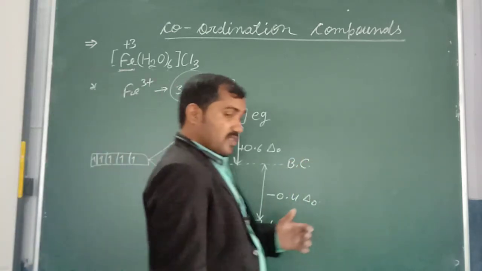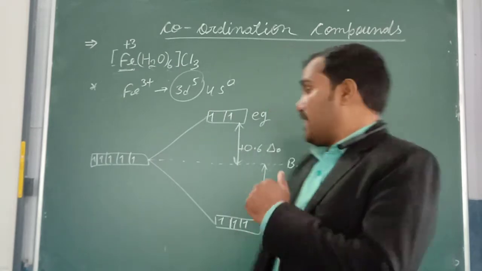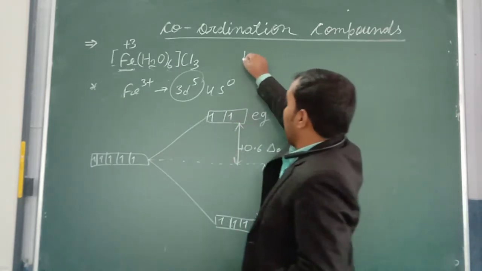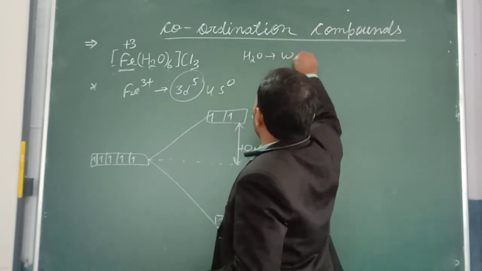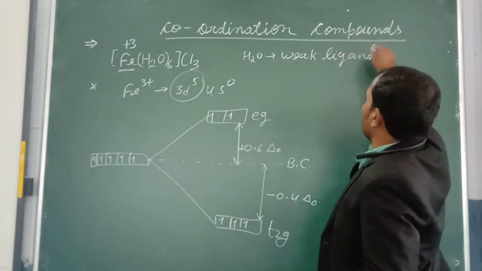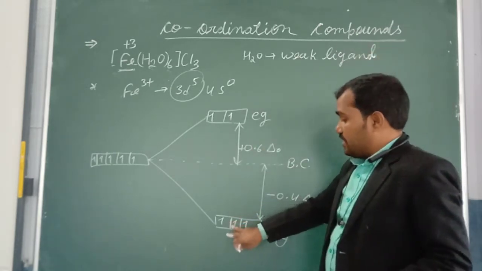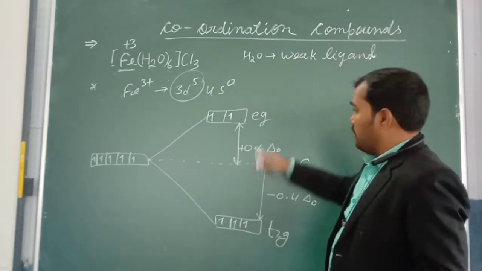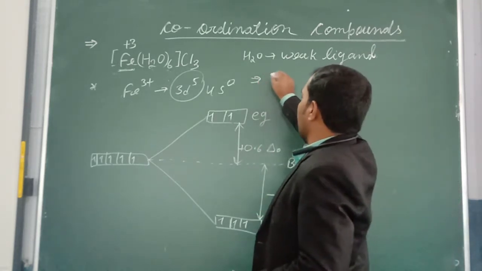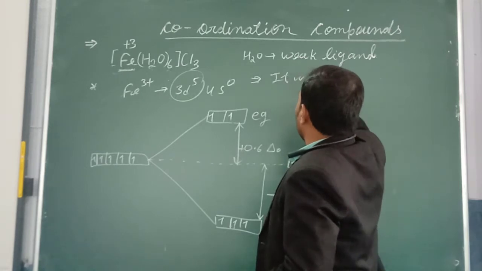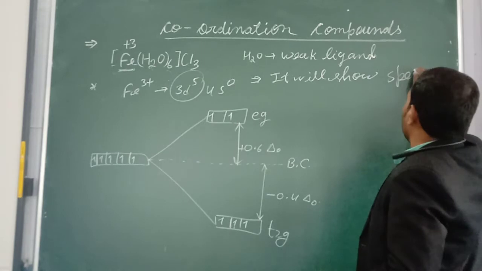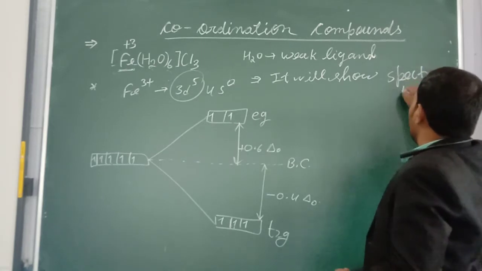Now what will happen? Will it show the spectra or not? See, vacant orbitals are present. This water is a weak ligand. Means an electron can jump from the t2g energy level to the eg level. That is why it will show the spectra. Why will it show the spectra, my dear?